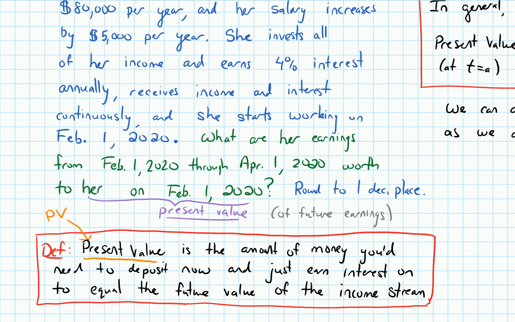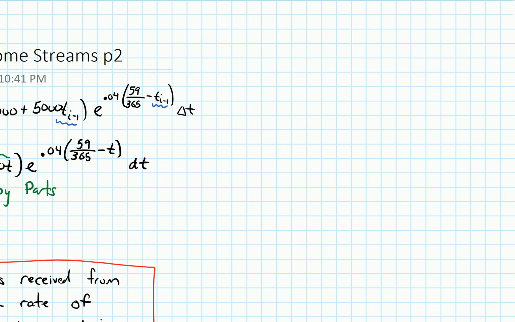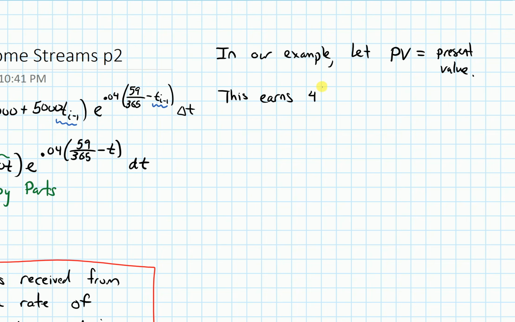All right, so let's compute the present value for our example. We want to know the present value. So let's let PV be the present value. This unknown quantity is going to get deposited, and it's going to earn 4% interest compounded continuously.